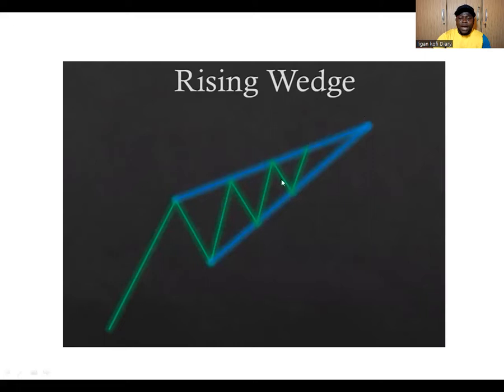And that is why we are having this rising wedge. So again, there are people who may want to take their trade when it touches this top of the wedge, and then they want to take a sell. There are those who also want this wedge to be broken and retested. Then they can go for their sell.